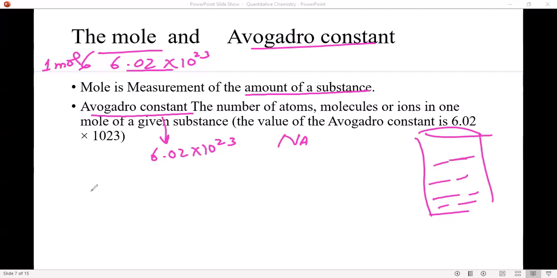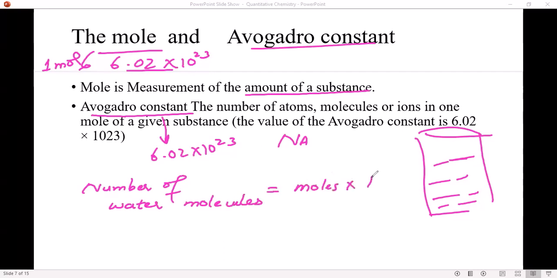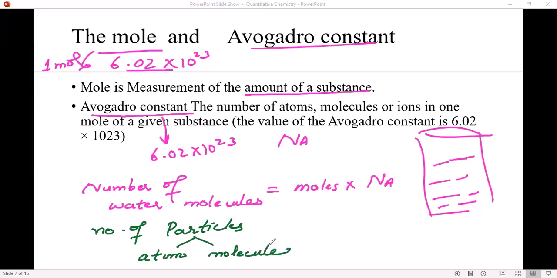If I need to calculate the number of water molecules, I just multiply the moles with the Avogadro number. If you need to find the number of particles, particles can be atoms, molecules, or ions. What you need to do is just multiply moles with the Avogadro number. The Avogadro number is a constant.